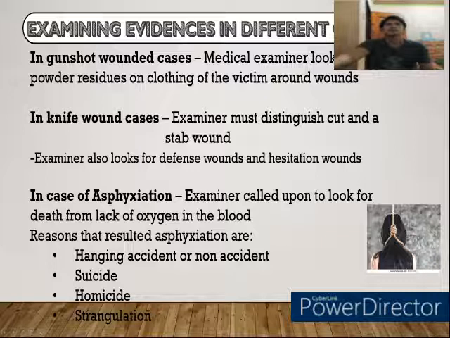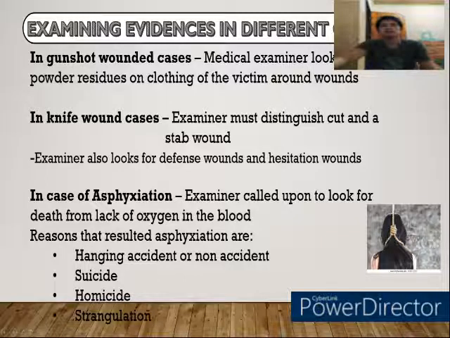In gunshot wound cases, the medical examiner looks for gunpowder residues on the clothing of the victim around the wounds. The information gathered through the examination of the residues in the clothing helps to identify how far the gun was when the victim was shot, or to know if the gun was fired by the victim or someone else.